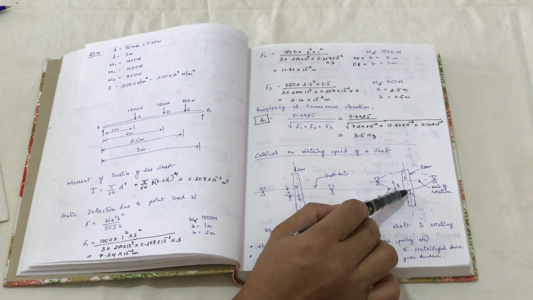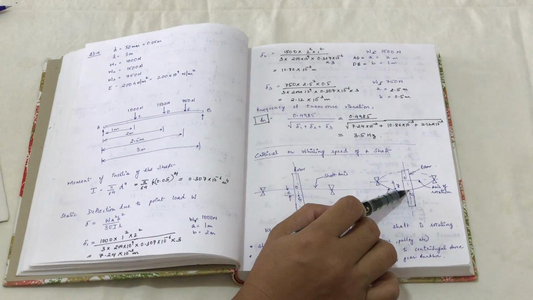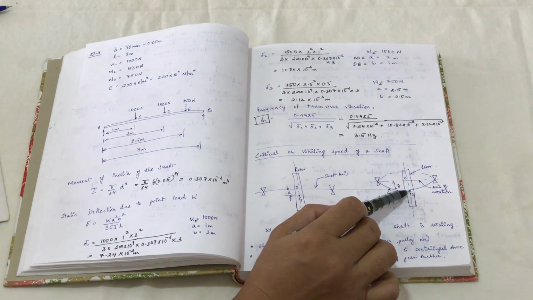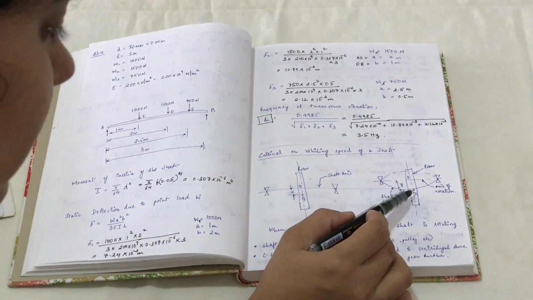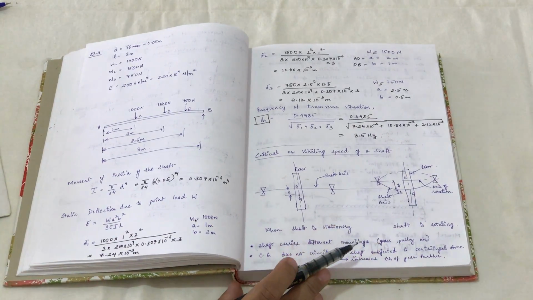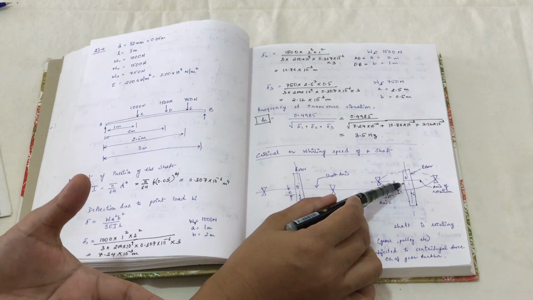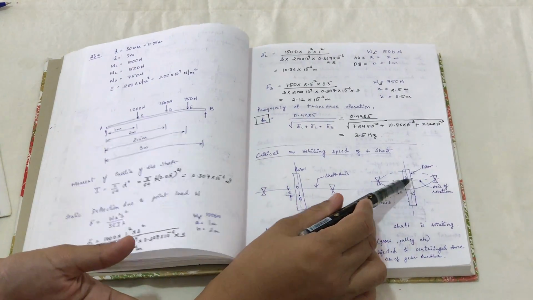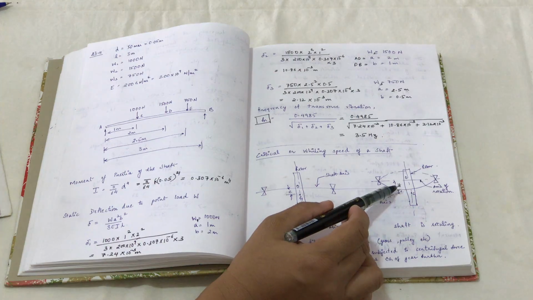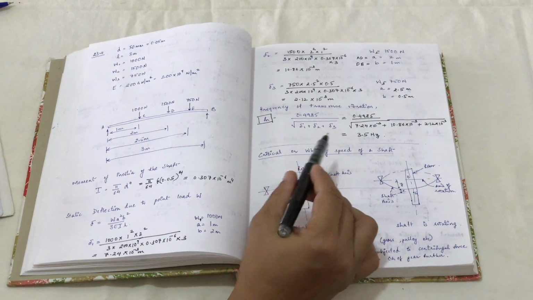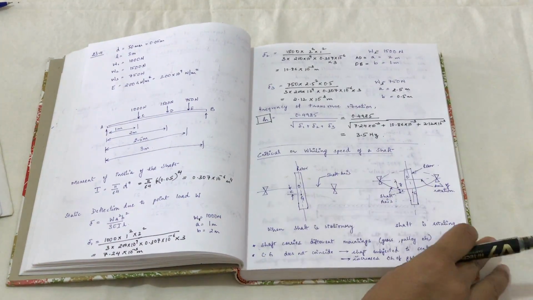When that deflection becomes infinite, that speed is known as the critical or the whirling speed. So it's not just the eccentricity but also the speed of the shaft which increases the distance between the center of gravity and the axis of the shaft. I hope you're able to understand what exactly critical speed is.